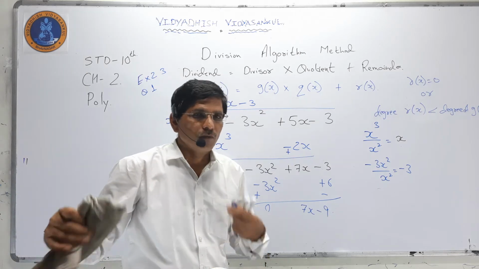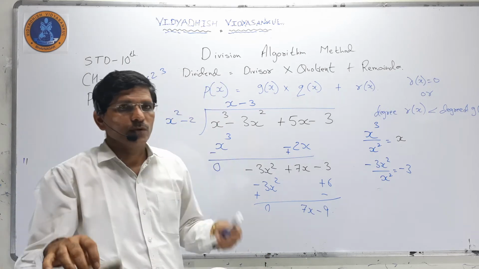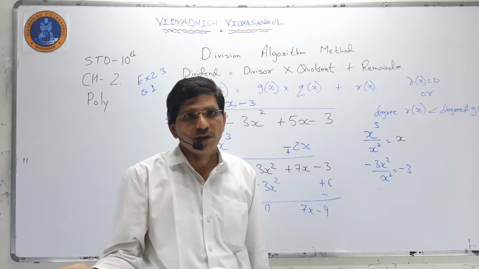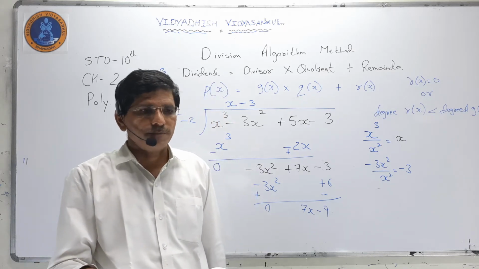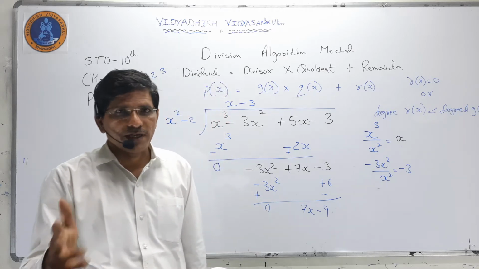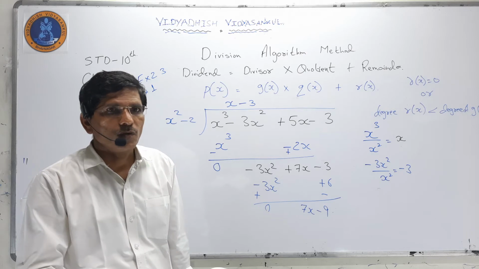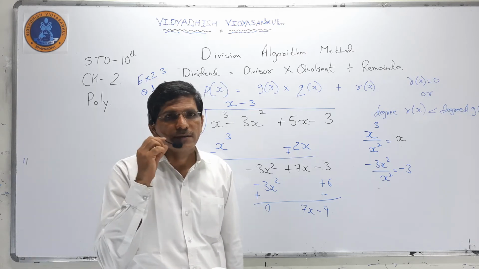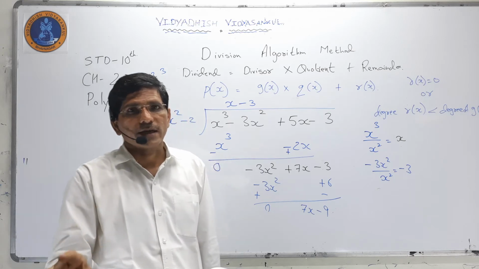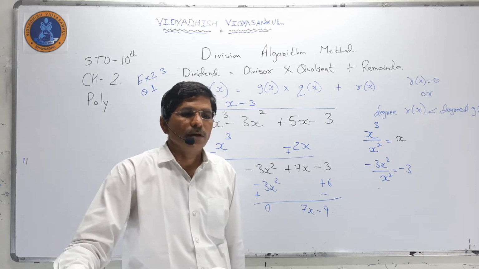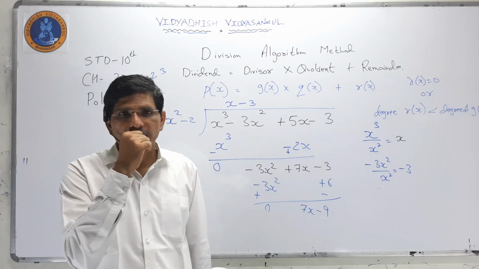Now question number 2. In question number 1, again I say there are 3 sums, out of which I have completed 1. Question number 2 says: check whether the first polynomial is a factor of the second polynomial by dividing the second polynomial by the first polynomial. So we have to check.